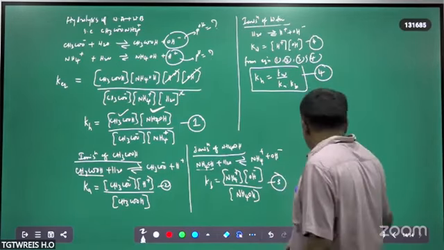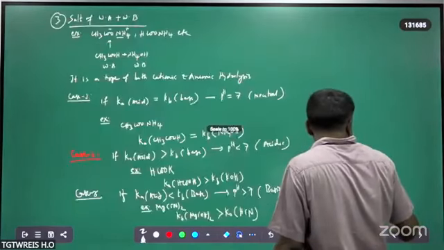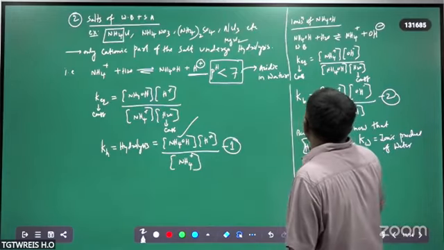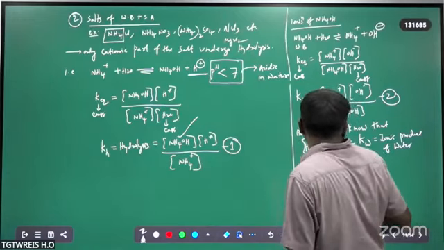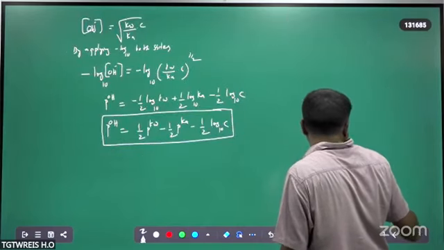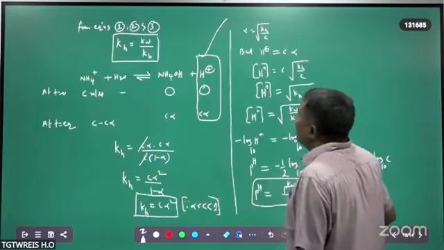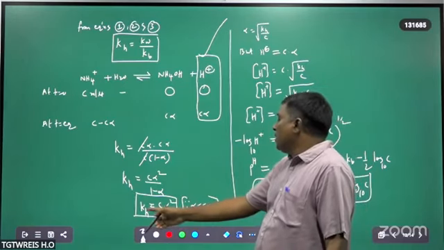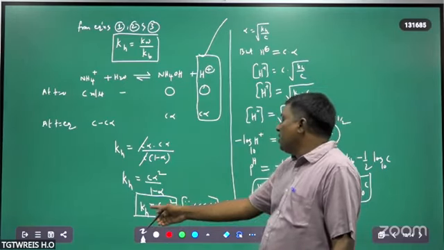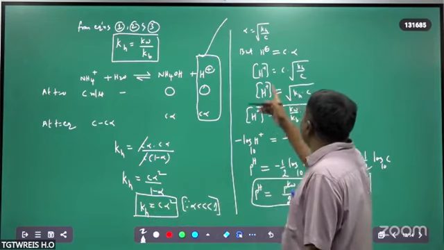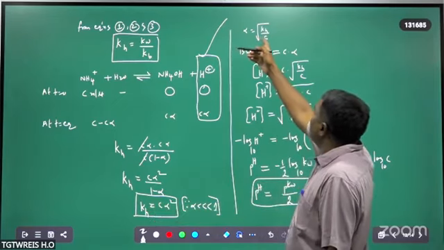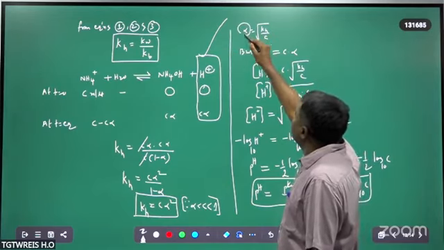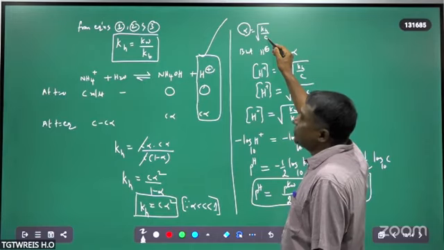For example, this is now the salt of weak base and strong acid. So KH is directly proportional to C. Alpha is inversely proportional to the square root of C in this case.